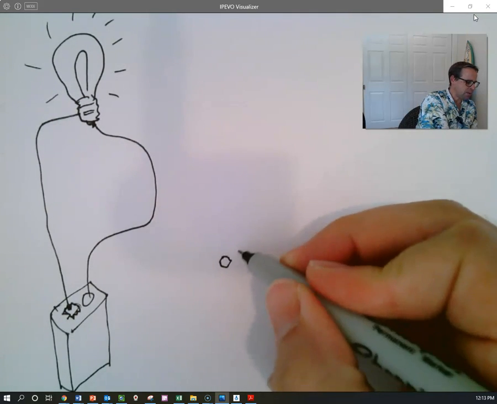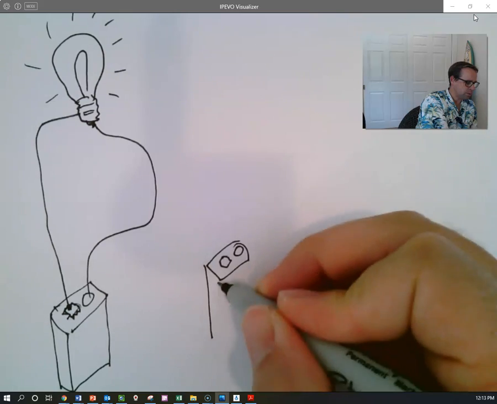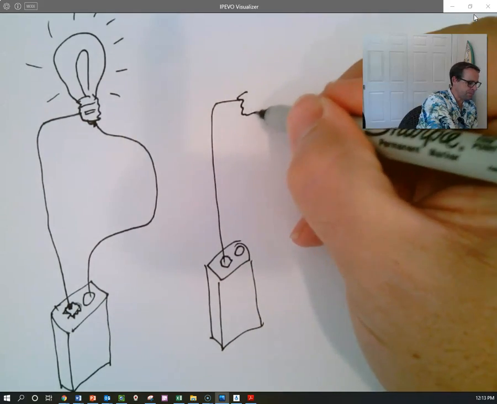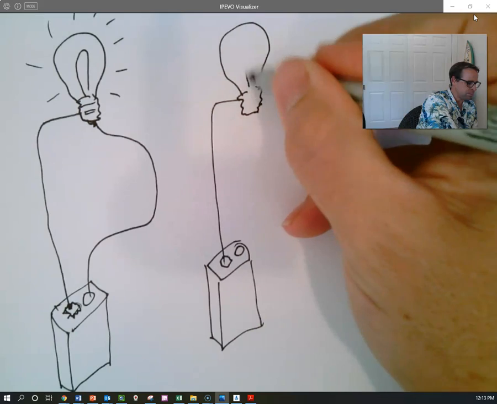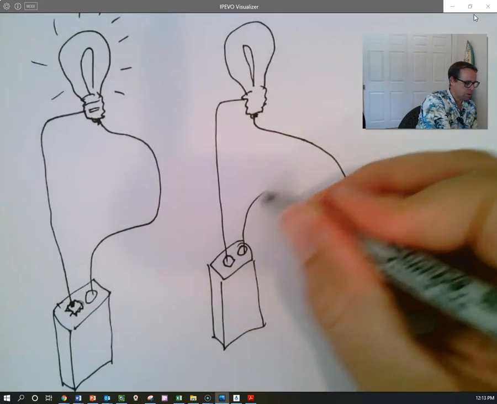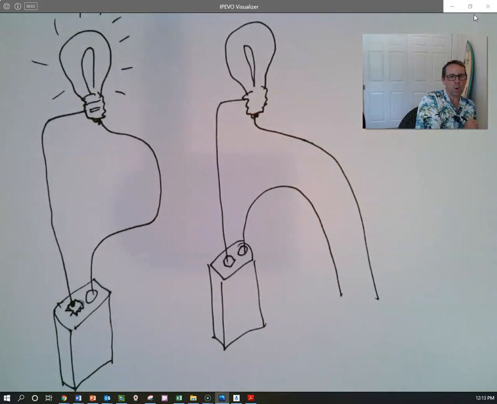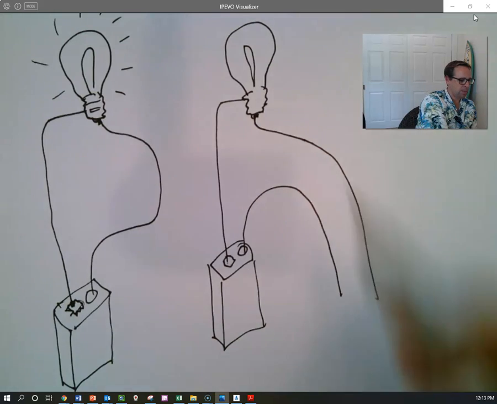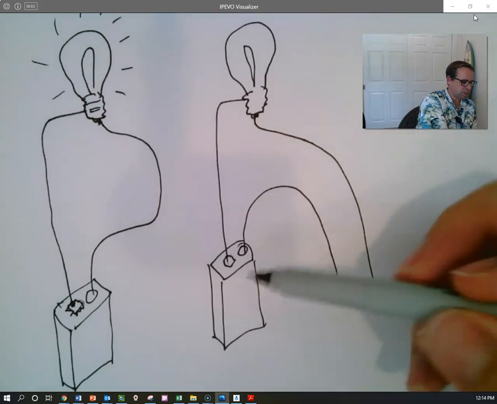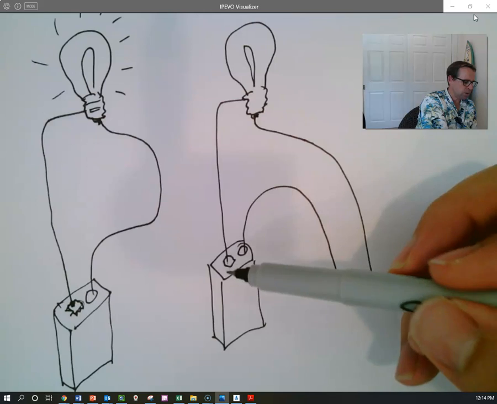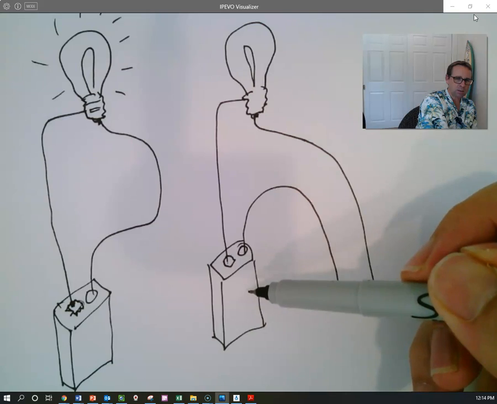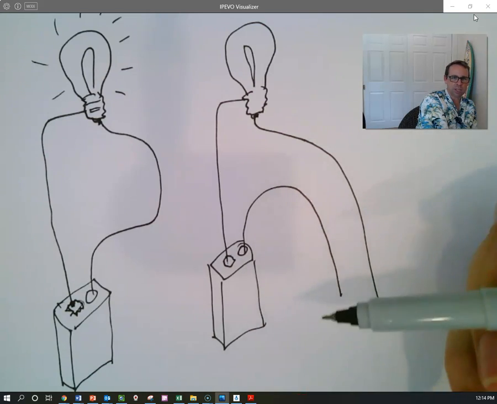If I do the same thing but this time I don't let the wires touch, am I going to get any light? No. The wire has to touch, because what's happening in this battery is a chemical reaction where it's trying to push electrons through the light bulb and then come to the other side. If it can't get to the other side, then the electricity can't flow.